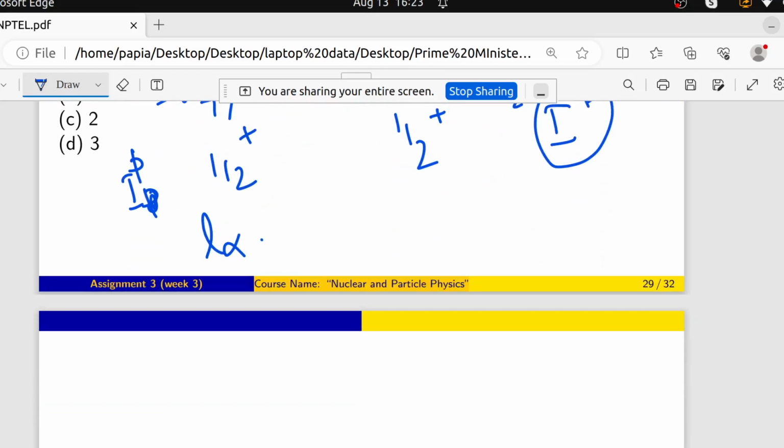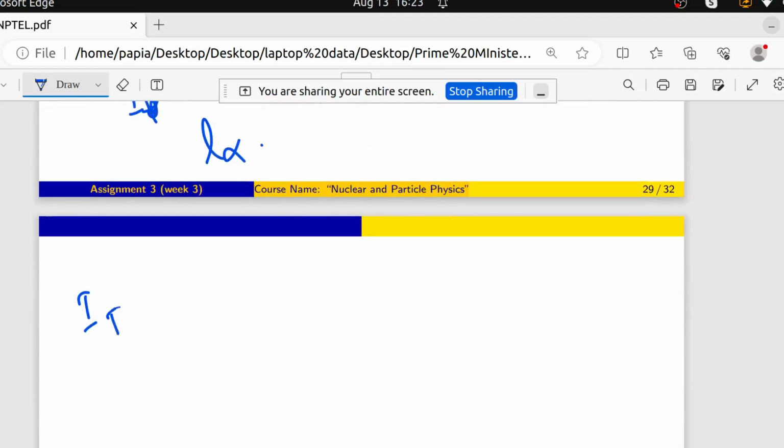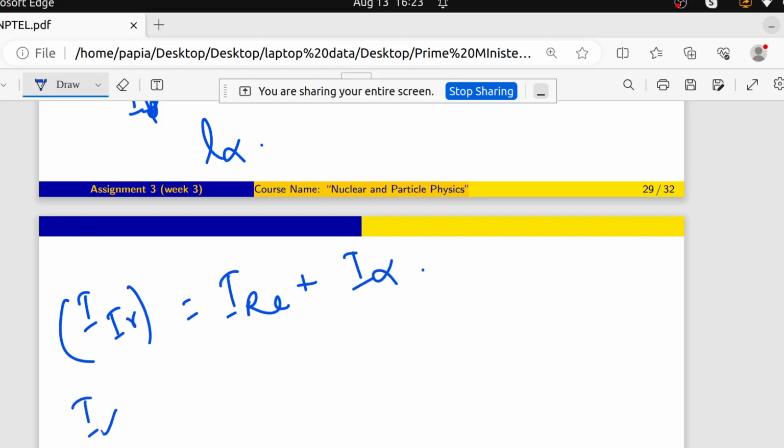Let's say I of IR equals I of RE plus I of alpha. Now I of alpha is L of alpha plus S of alpha. S of alpha is 0, then I of alpha is L of alpha, right?